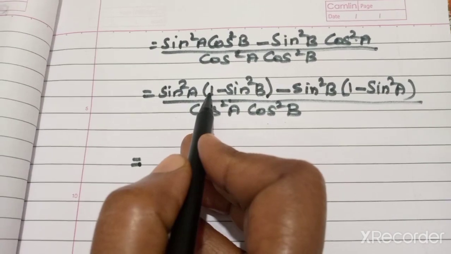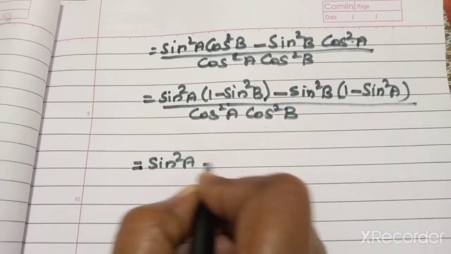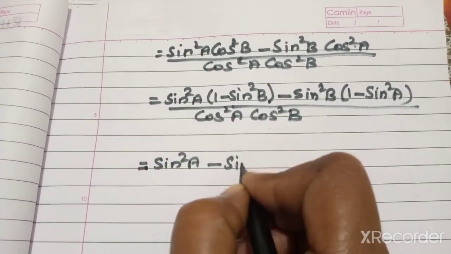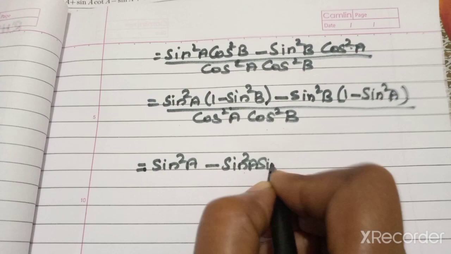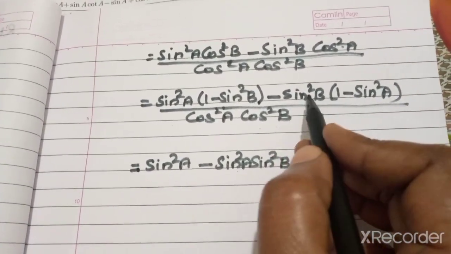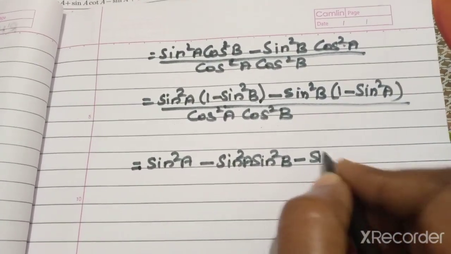Sin square A into 1 is sin square A, minus sin square A into sin square B.